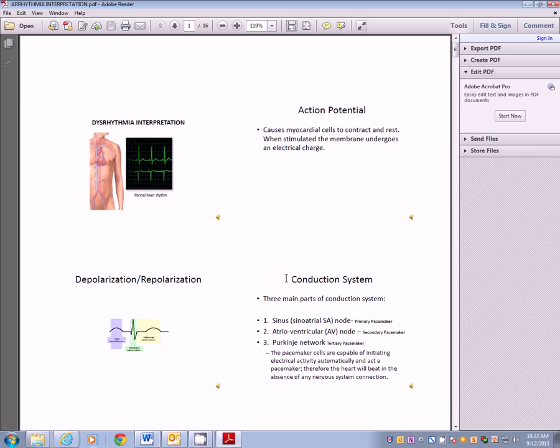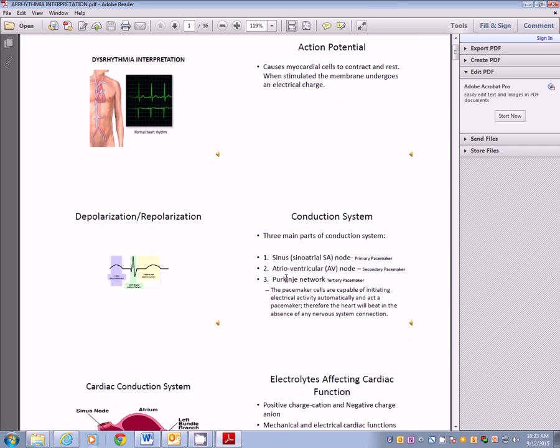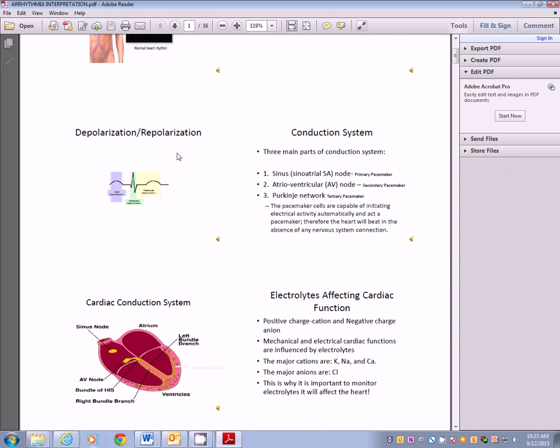And when stimulated, we know that the membrane undergoes an electrical charge within the heart, and that's important for that to occur. We have depolarization and repolarization that can occur, and we've already talked about depolarization and repolarization.